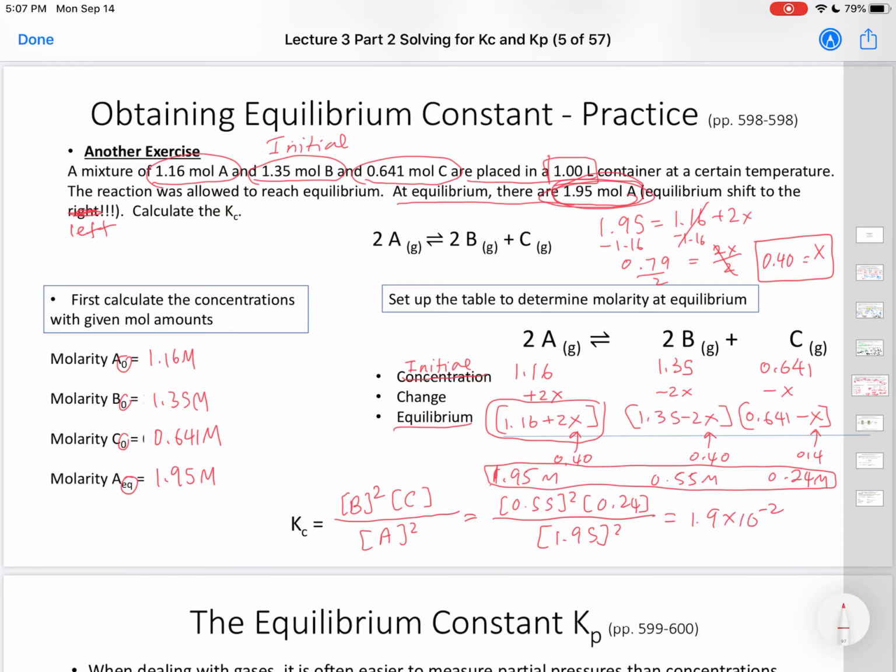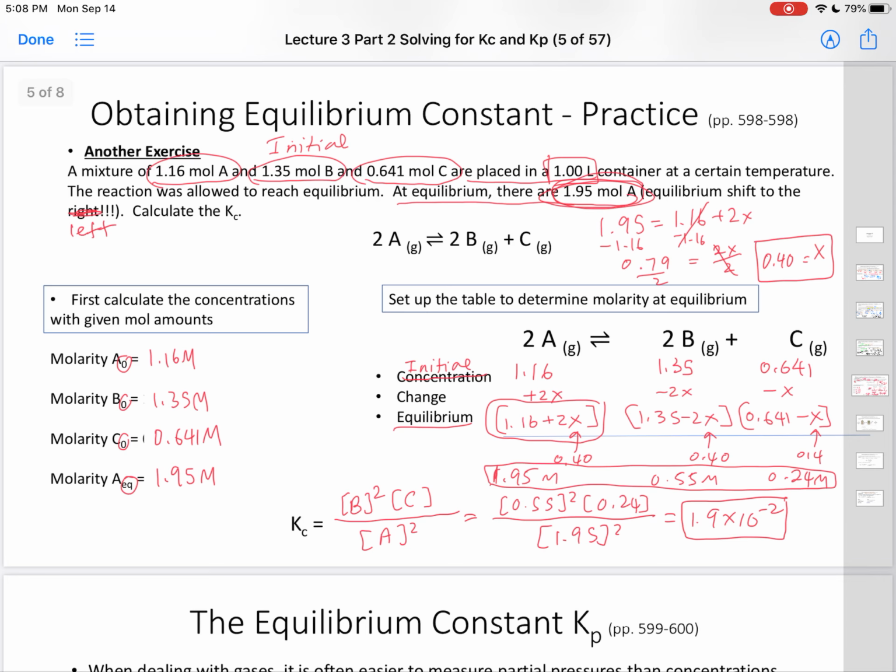Okay, this comes out to 1.9 times 10 to the minus 2. Okay, and again, mostly reactant. This is a really challenging problem. Normally, I wouldn't put this kind of problem on an exam, a reverse equilibrium, but it does happen where you mix 3 things together and the equilibrium shifts to the left instead of to the right. Okay, equilibrium can shift left or right depending on what you add to the flask.